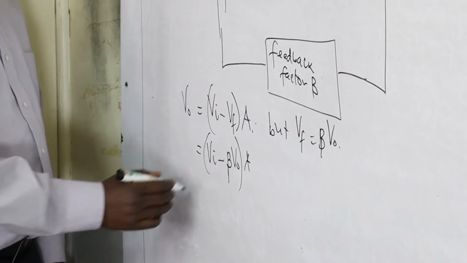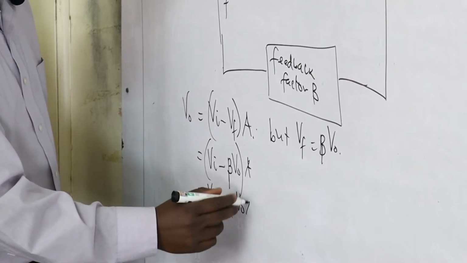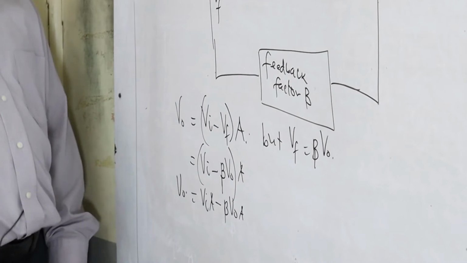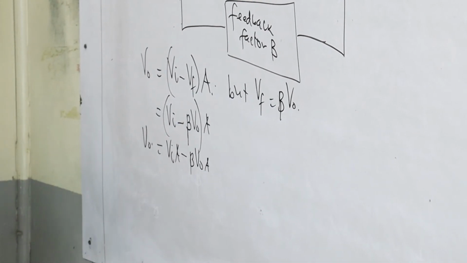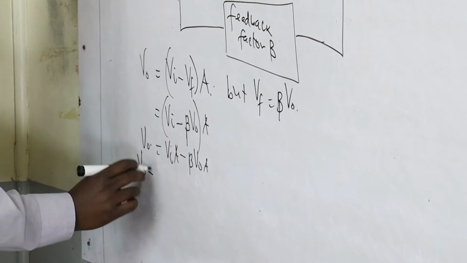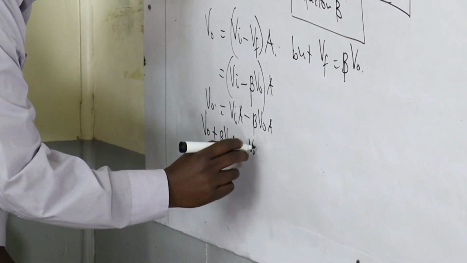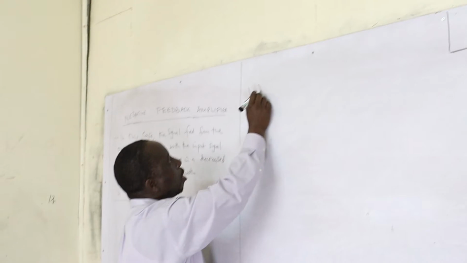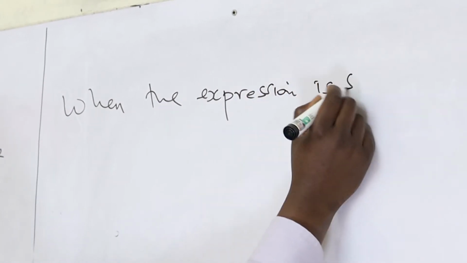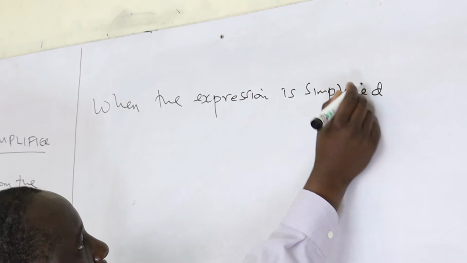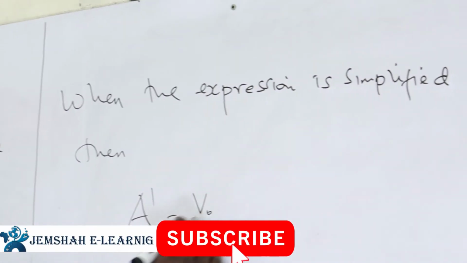We open the brackets, then we shall have VO equals VI A minus beta VO A. We are now supposed to collect the like terms with the output voltage, and this will result into VO plus beta VO A, which is supposed to be VI A. When the expression is simplified, then our closed loop gain is supposed to be VO over VI.